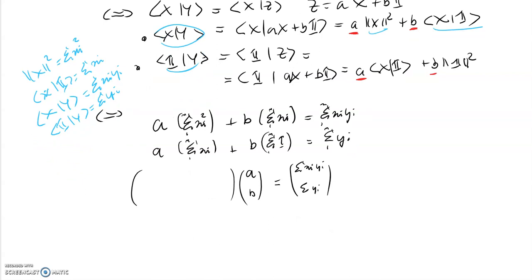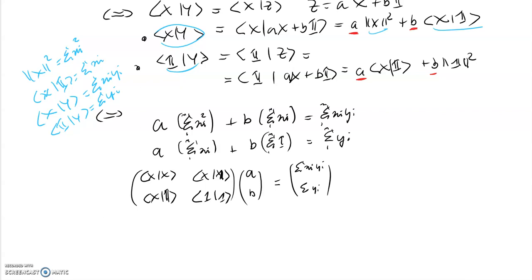My matrix in front of it is given by x with x, x with 1, 1 with x, and 1 with 1. And that's it.